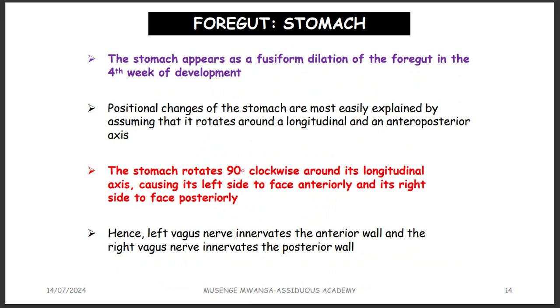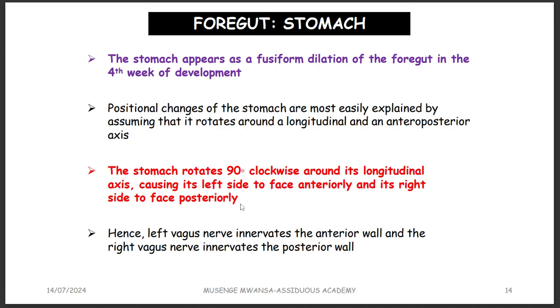But changes are going to happen when rotation begins to happen, because when you're forming the GIT, rotation happens. The stomach, please take note of this, rotates 90 degrees clockwise. Please take note of the degree and the direction, not anti-clockwise, but clockwise.